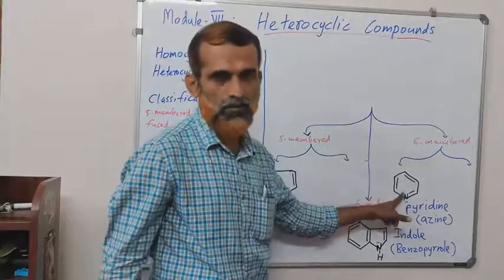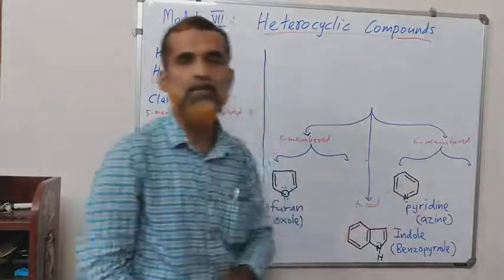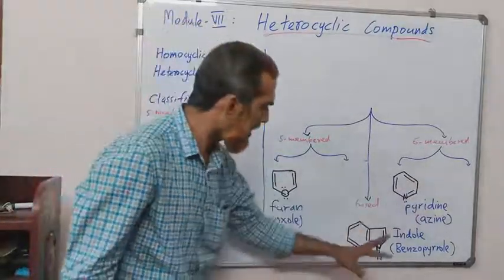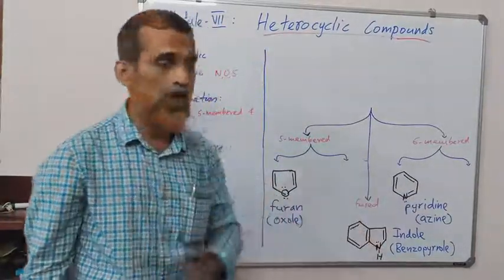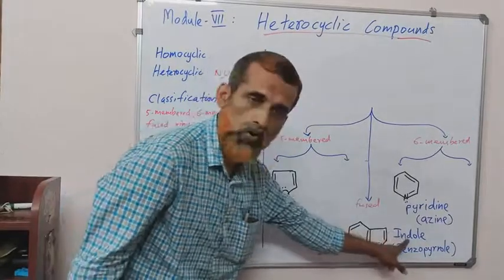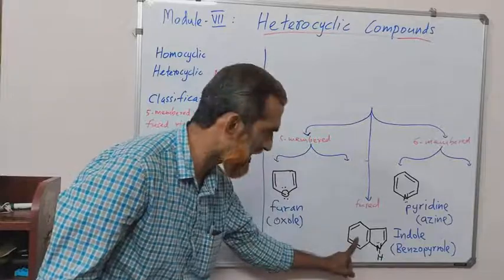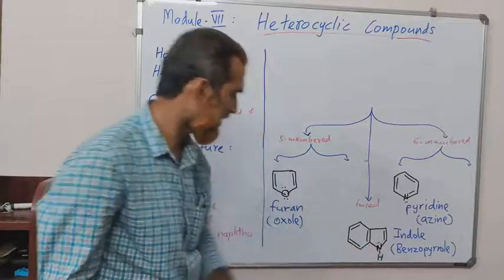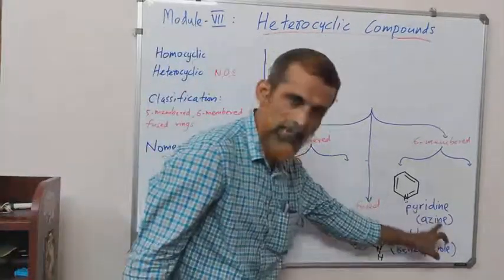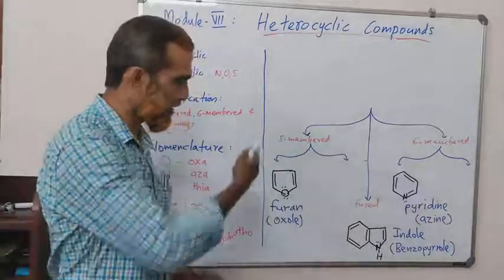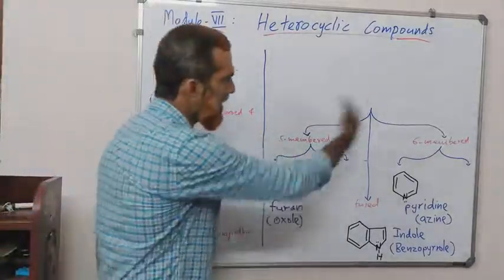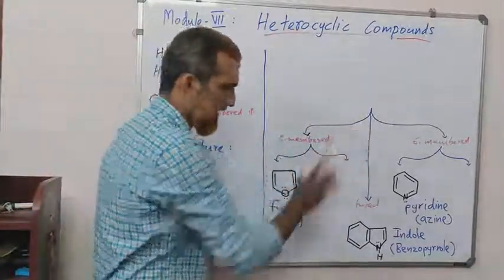It's a familiar one, a 6-membered ring with nitrogen. And then in fused systems we have an example, that is indole, which can also be called benzopyrrole. The benzene ring is there and pyrrole is there. These are the systematic names. We will come to that in due course. Let us go to various examples under these categories.